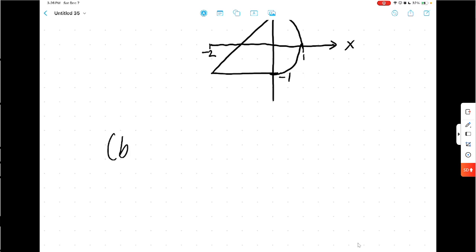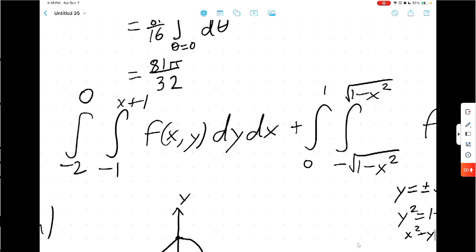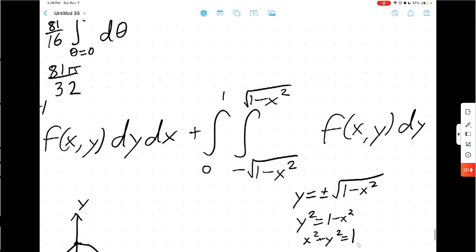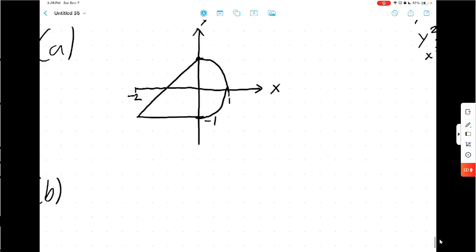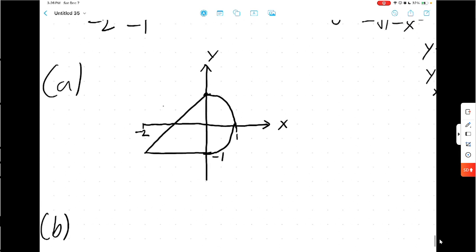So B asks us to consolidate these two integrals into a single integral. So the way we're going to do that is we're going to use the y is equal to x plus 1 here. Actually, you're going to have to do this with x is equal to square root of 1 minus y squared.